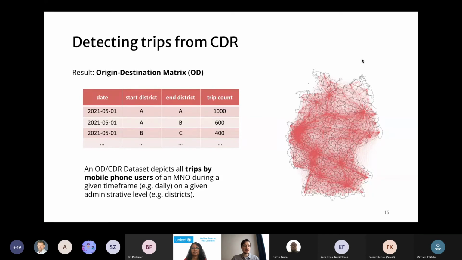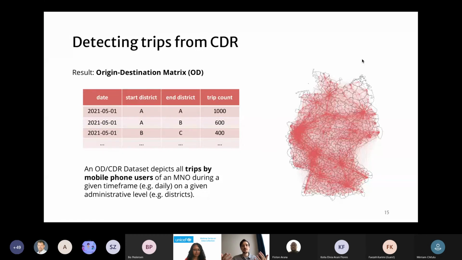So I think this has also changed over the years a bit. In the 2000s, you had a lot of single experiments, a lot of active measuring, where, for example, students were given GPS trackers or smartphones with special apps. It was mostly students, because mostly academics did this type of research. And then you had more and more of the CDR data, because, as I said, it has very good availability, and so this quickly became the dominant form of data set.